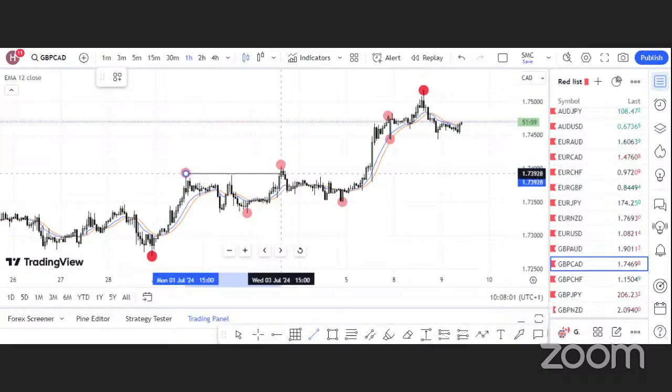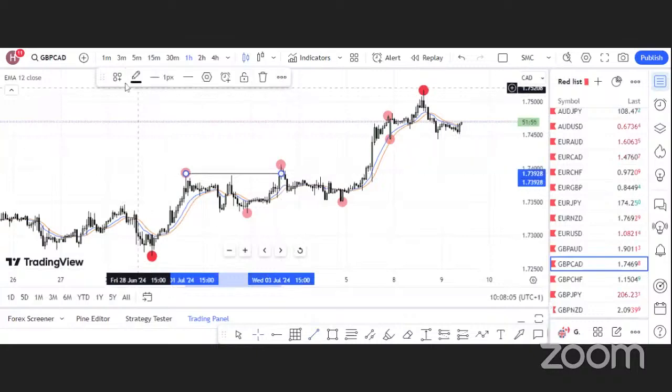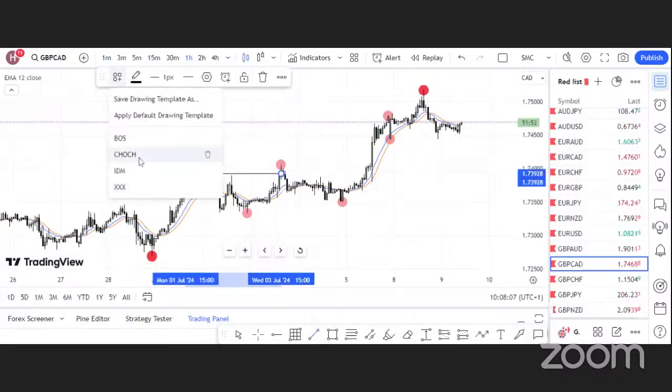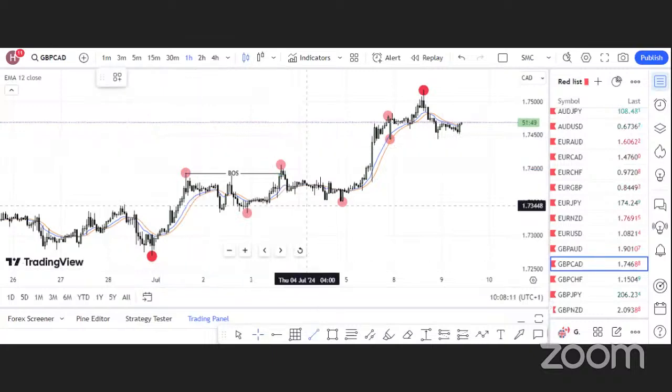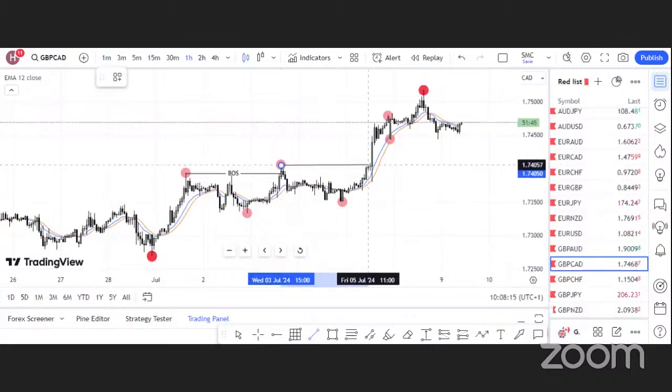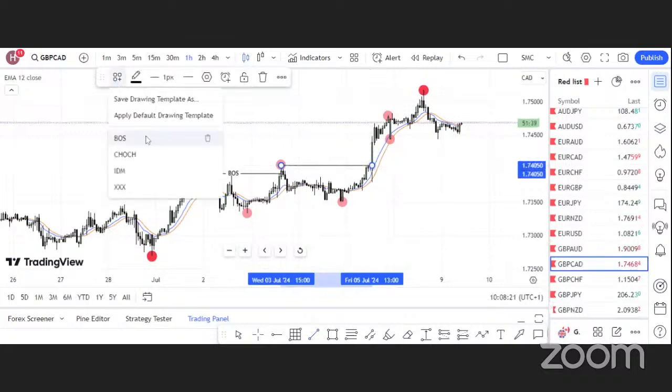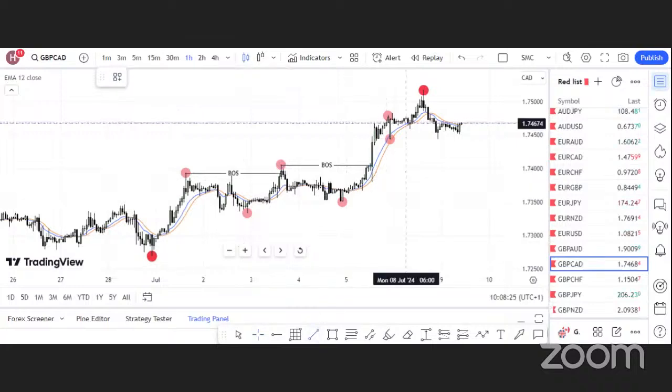Let's see if there was really a breakout structure around those areas. And yes, we have a breakout structure here. We have another breakout structure. So you see we have multiple breakout structures.